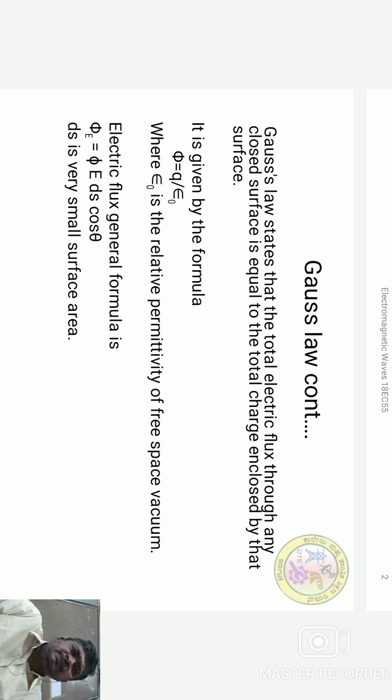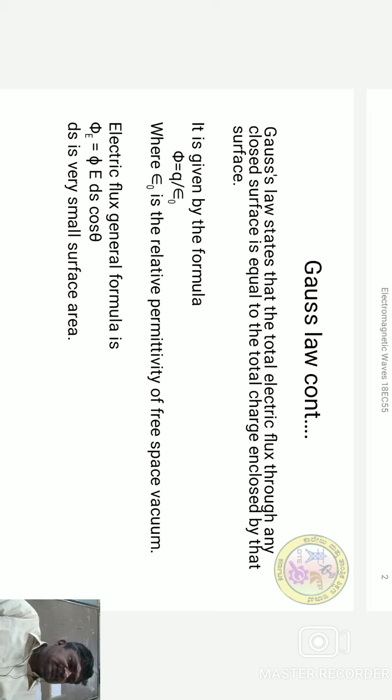In general, the electric flux psi is equal to q upon epsilon naught, and in the general form, the electric flux psi is equal to the closed integral of E into ds cos theta.